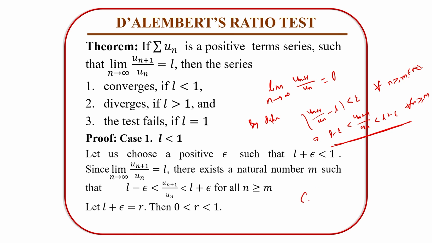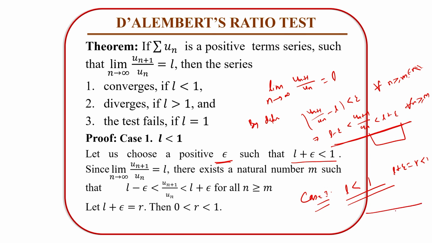So for case 1, where L is less than 1, we are going to prove that the series is convergent. Let us choose a positive epsilon such that L plus epsilon is equal to some number r, which is less than 1, right?